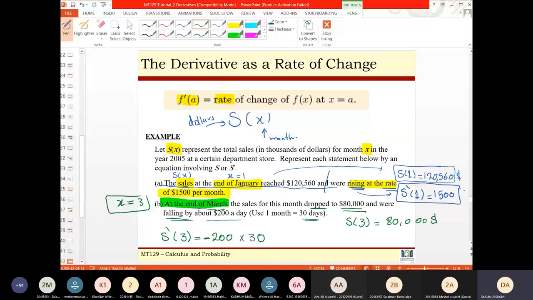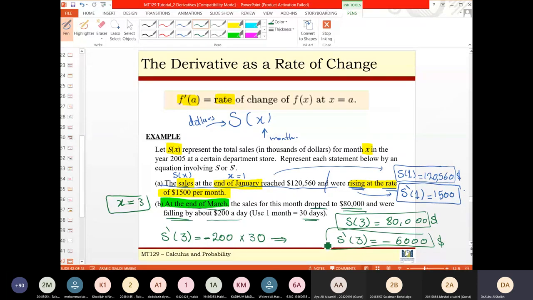It's falling here. So we can write this in summary: S dash at month 3 was minus $6,000. The sales came at 80,000, and the dropping was $200 a day, which means 6,000 in a month, which means minus 6,000.